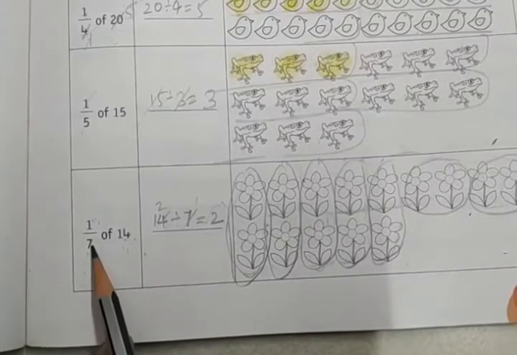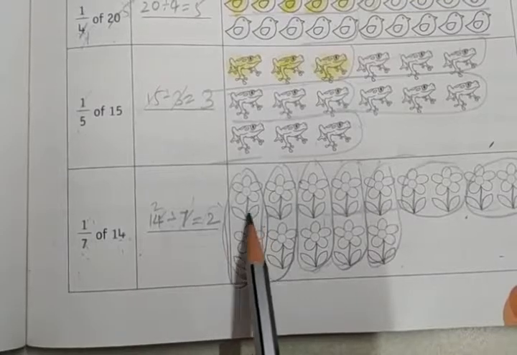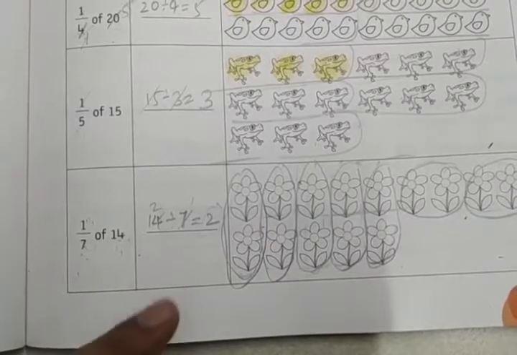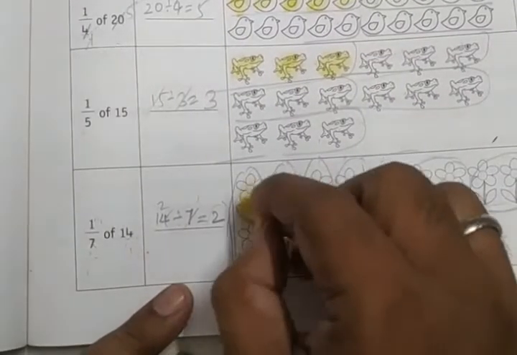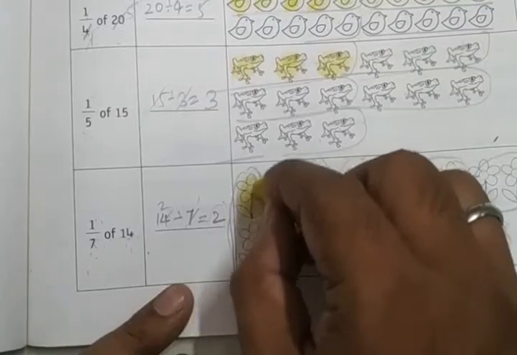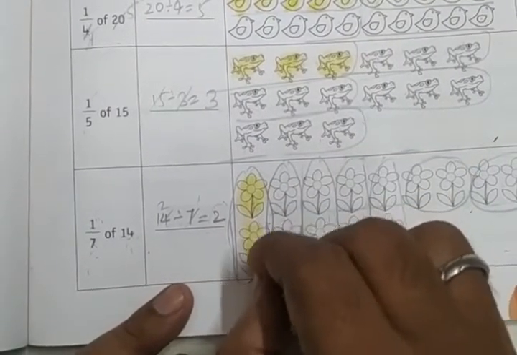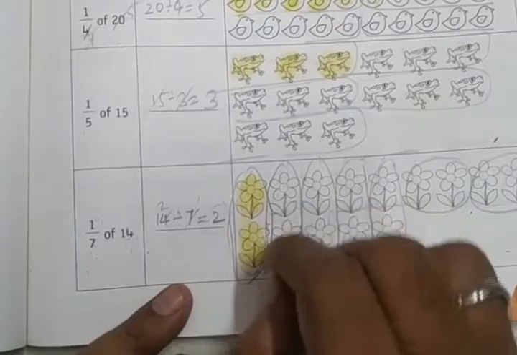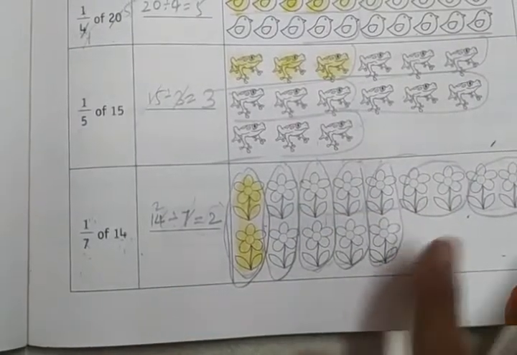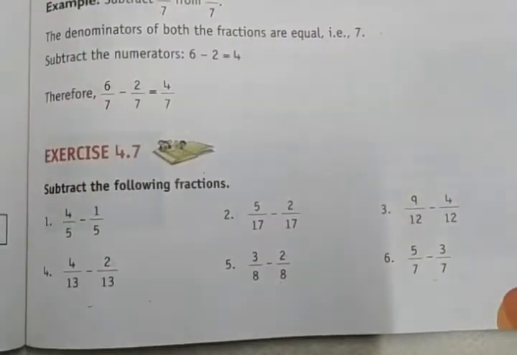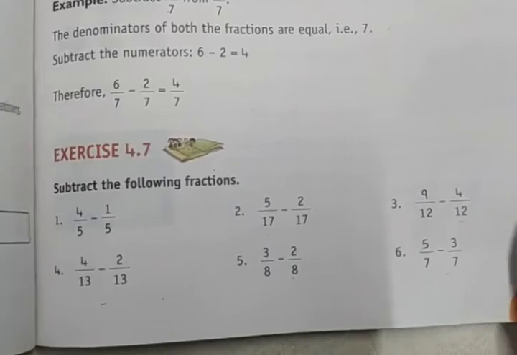It means each part will get 2. So this is how we have to do the fraction of collections.